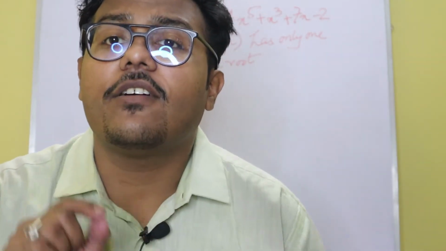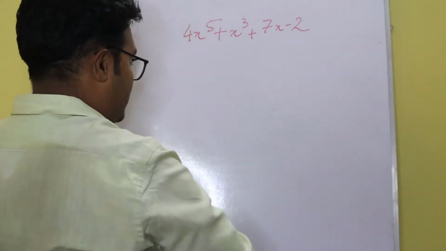That means it will have 5 roots, but we are asked to show that it has only one real root. That means the remaining 4 will be complex roots. But as I told you, we are discussing the real part only, so we will only concentrate on real roots.